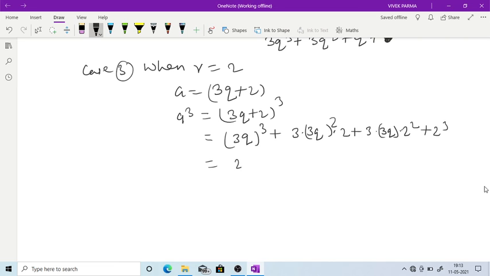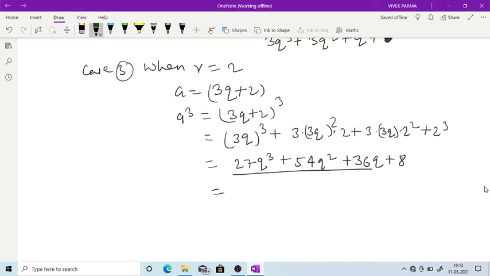So we have here 27q cube plus here we have, this is 9, this is 3, 27, 54q square plus here, this is 4 into 3, 12 into 3, 36q plus 8, right?